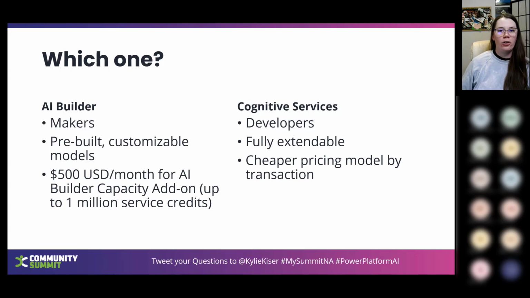Now, what we didn't include in this slide is the change that Jamie was talking about, how some credits are included automatically with your Power Apps plan. I do think that price tag can scare people away because cognitive services is a lot cheaper, but you just have to remember that with AI Builder, you are getting the flexibility of these pre-built models and stuff that you don't have to build and maintain.